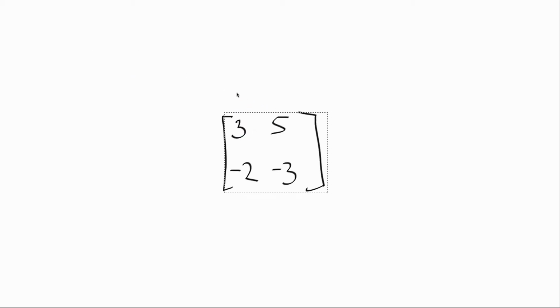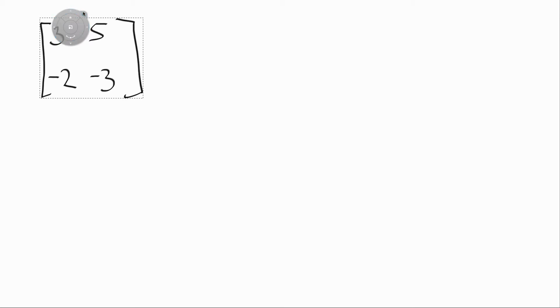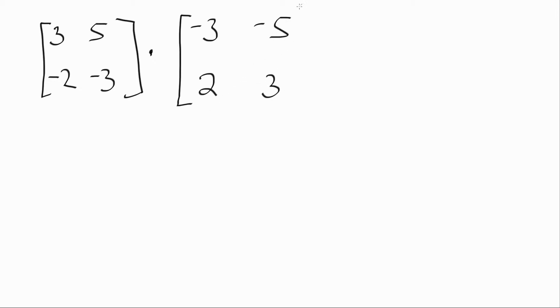Okay, so there's my original matrix. I'm going to multiply this times the inverse matrix, and that was -3, -5, 2, 3. What I want to verify is, does this really work?